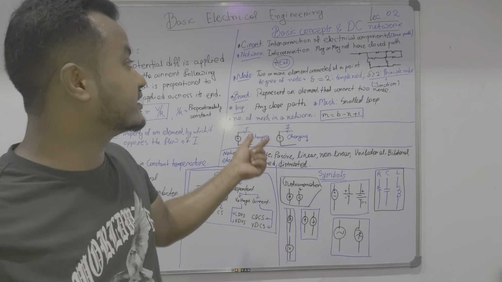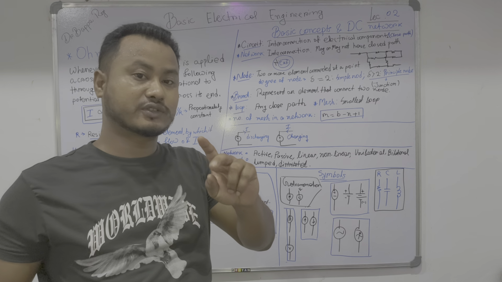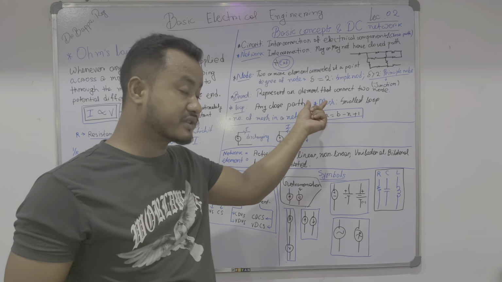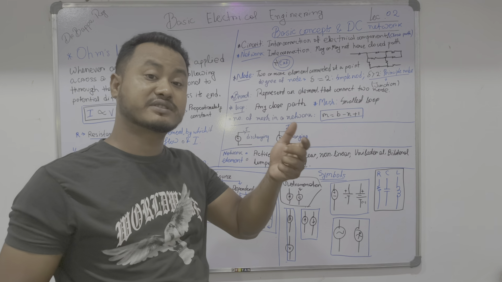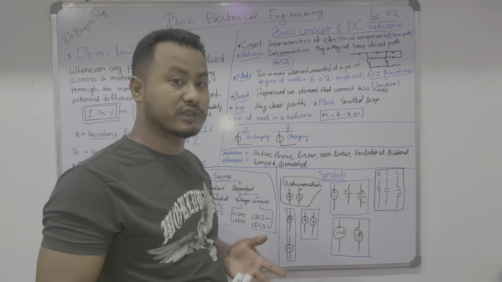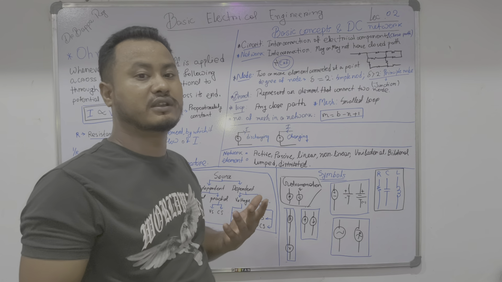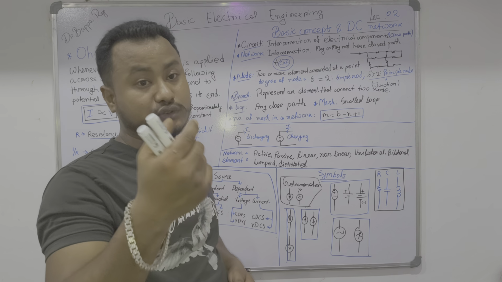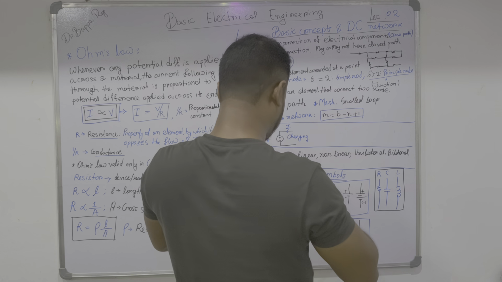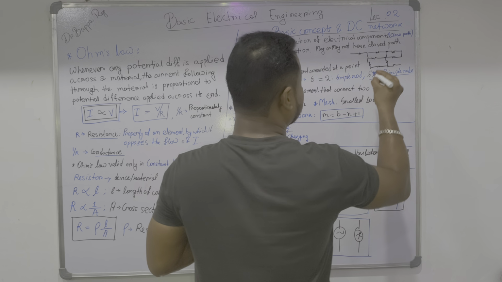Then a node is where two elements or two branches are connected. A branch represents the element, which holds an element, meaning a resistor, capacitor, inductor, or maybe a source.